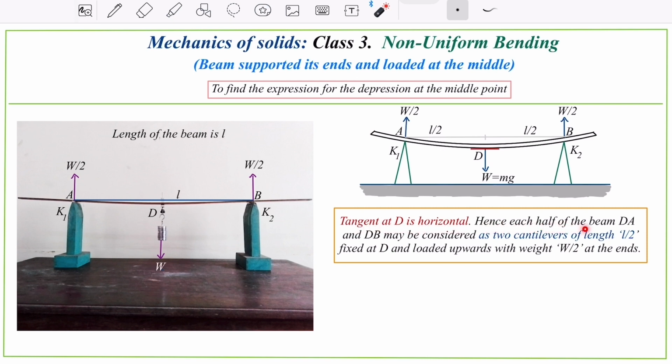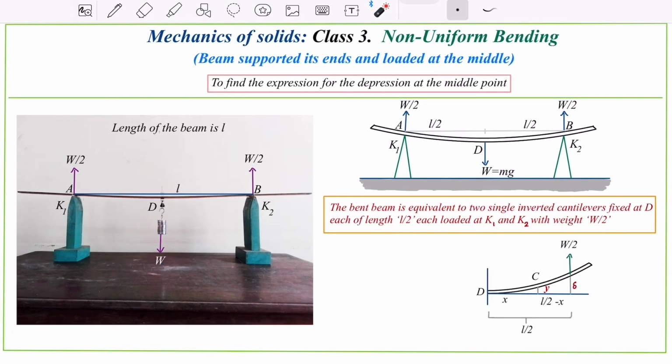The tangent at D is horizontal means we can consider this kind of bending as two cantilevers of length L by 2, fixed at D and loaded upwards with a reaction W by 2 at the ends. So actually this non-uniform bending can be considered as a combination of two inverted cantilevers, that is, cantilevers that are bent upwards and fixed at D.